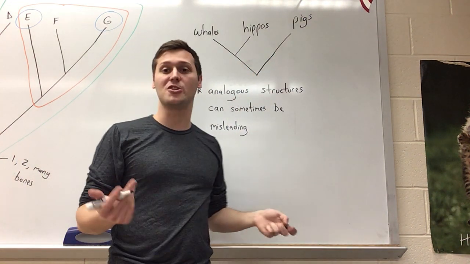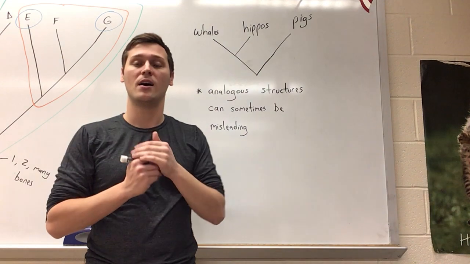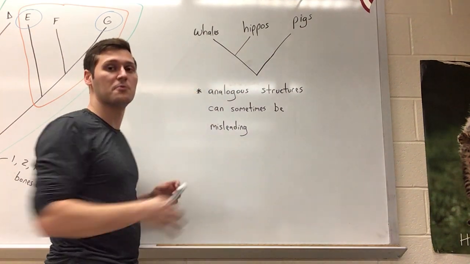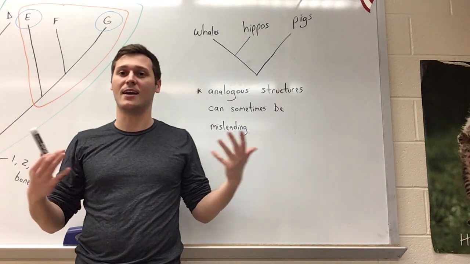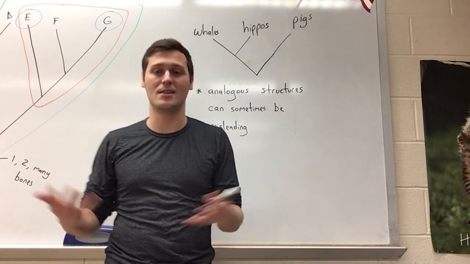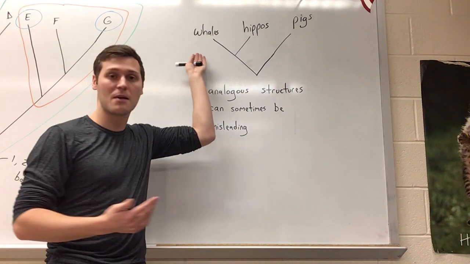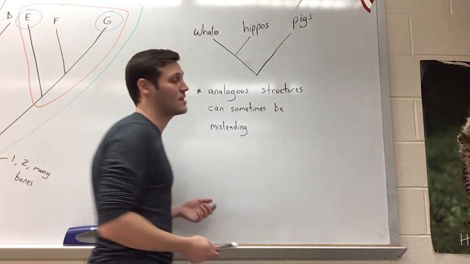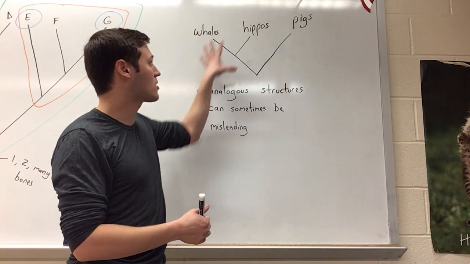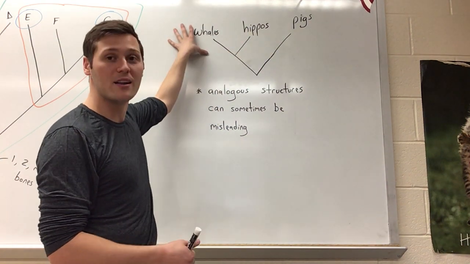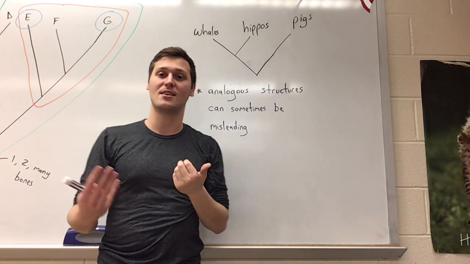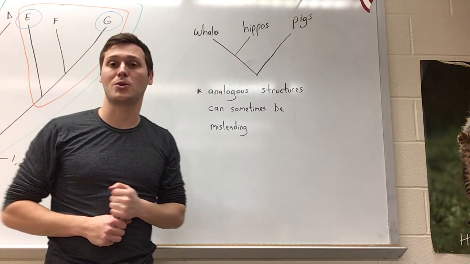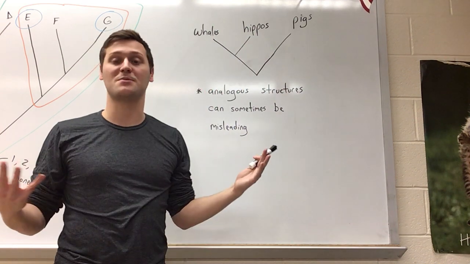That might surprise you, but if you look at the genetics, if you consider the history, whales at one point were four-legged creatures that walked on land, entirely terrestrial, did not live in water, and gradually became more adapted to living in water. So even though you might look at hippos and pigs and say they both have four legs, they're more closely related in size than the whale, if we look at the genetic evidence, the molecular evidence, hippos, it turns out, are more closely related to whales than they are to pigs.